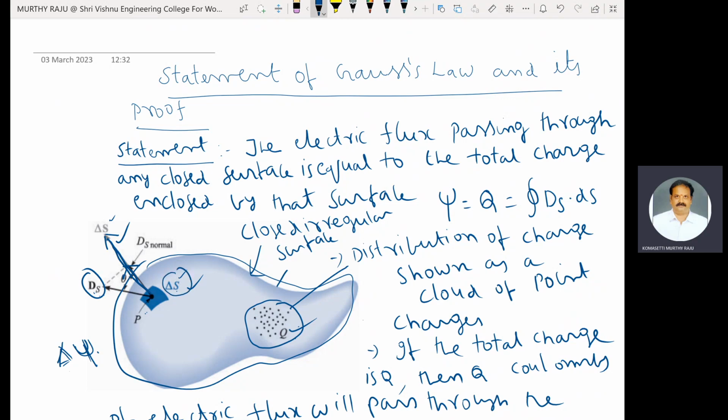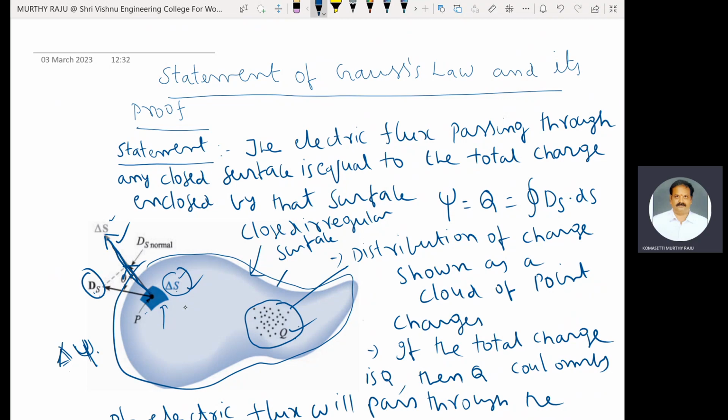Delta S is the incremental element of area, very nearly a portion of the plane surface. This incremental surface element is a vector quantity, that means it has magnitude and direction.